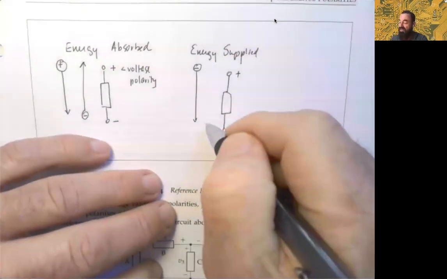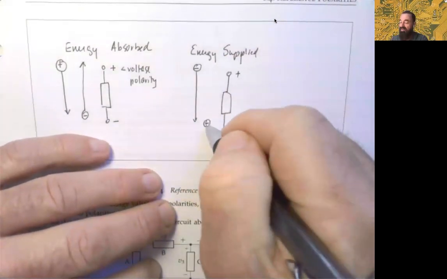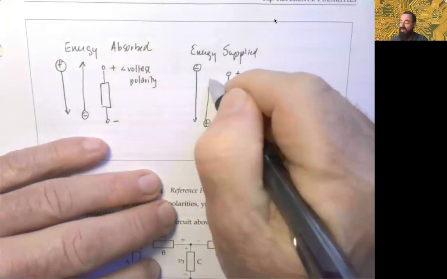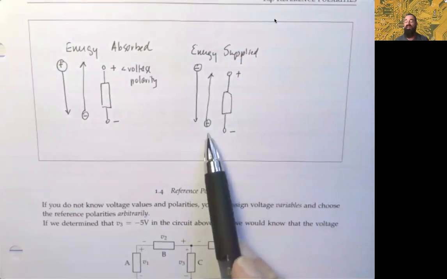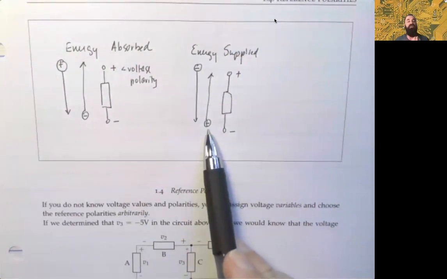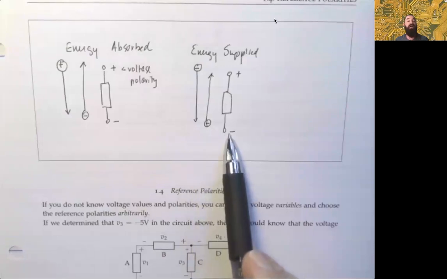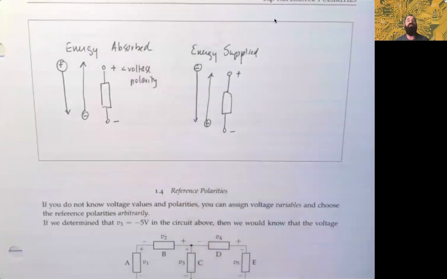And the same thing if it is the opposite sign, so the plus charge is coming in through the negative polarity of the element, again, they're opposing. So you see that if the sign of the charge is opposite of the polarity of the voltage, you're representing energy being supplied.